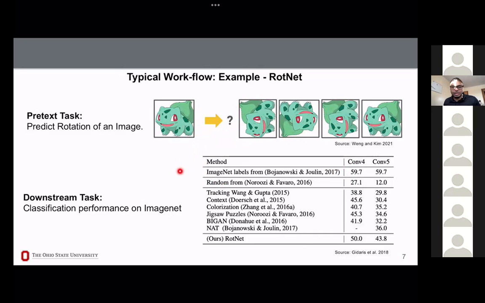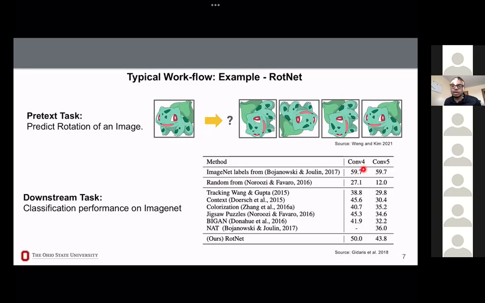And once the network is trained using this pretext task, they use those features to train a classifier for the ImageNet task. This table shows one of their results. I just want to highlight the first row here, which is regular supervised learning performance, which is 59.7% accurate.